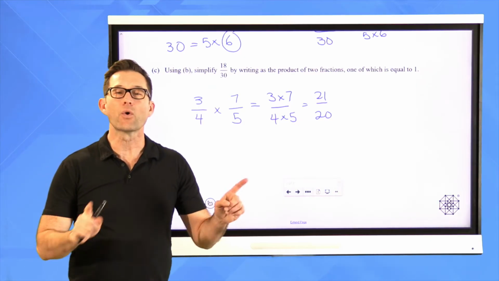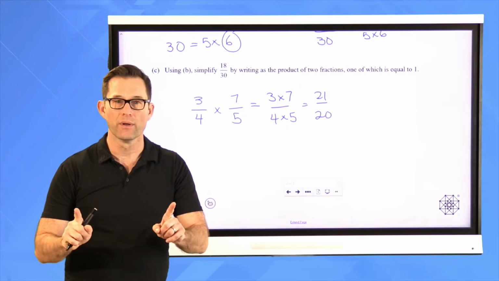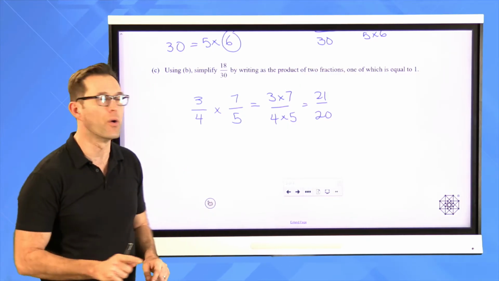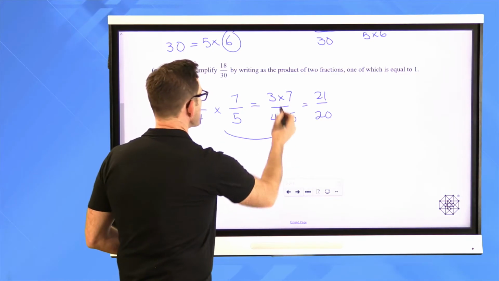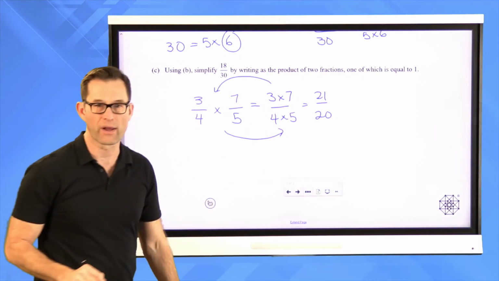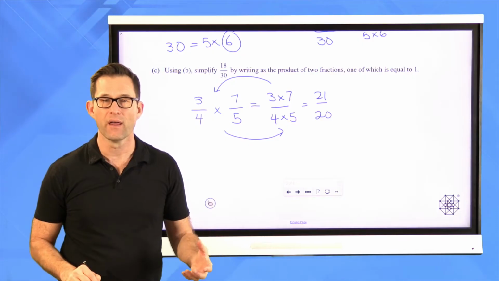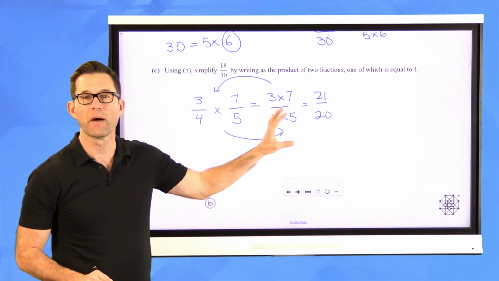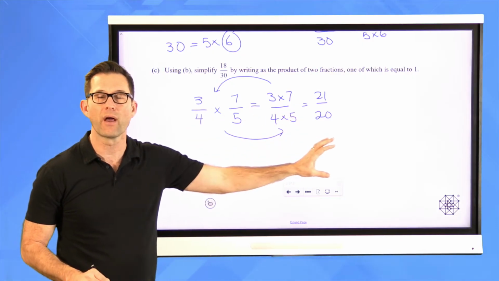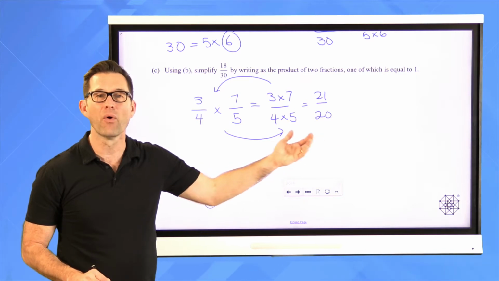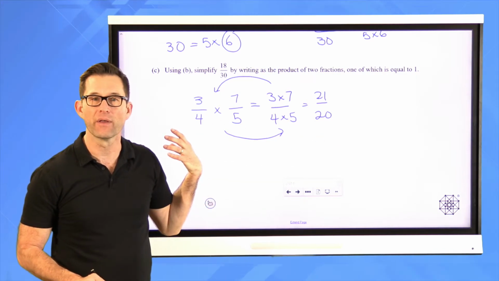But look, equality is a two-way road. So if I can go in this direction, I can also go in this direction. That's incredibly important to understand, right? I can multiply two fractions by multiplying their numerators and multiplying their denominators. I can unmultiply two fractions by going this direction.